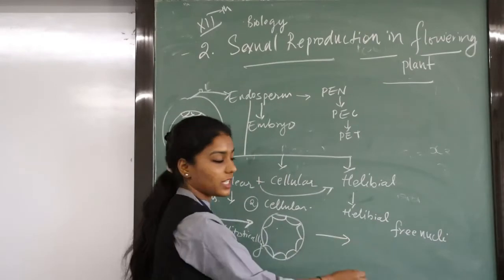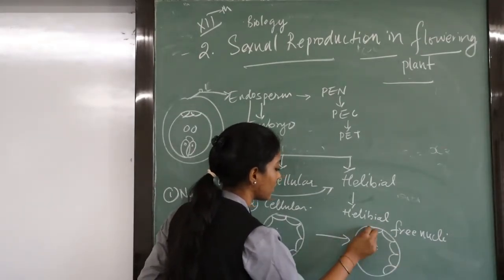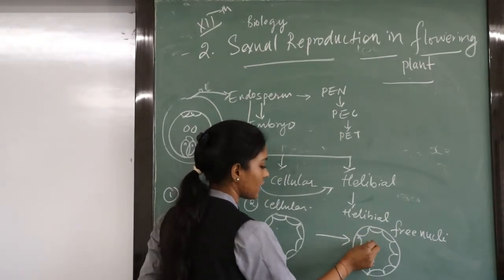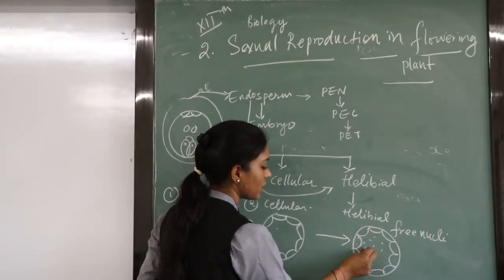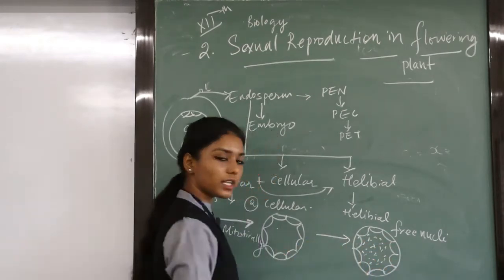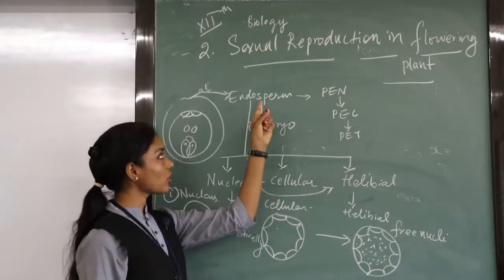Here in the third step we will see this one. These cells are there and in it you see the free nuclei. ये है nuclei.